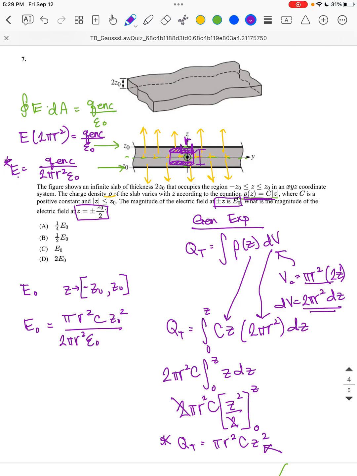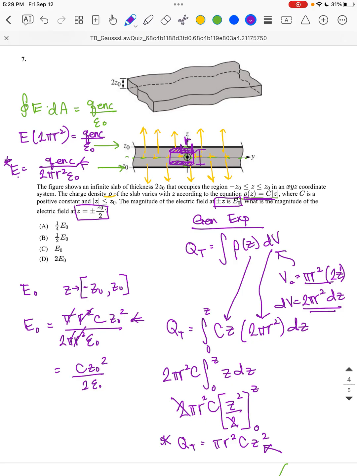So I just took my Q enclosed, plugged it in there for z is equal to z naught. Okay, I can reduce a bunch of stuff, and I get c z naught squared over 2 epsilon naught.